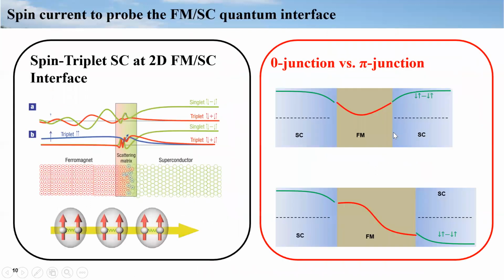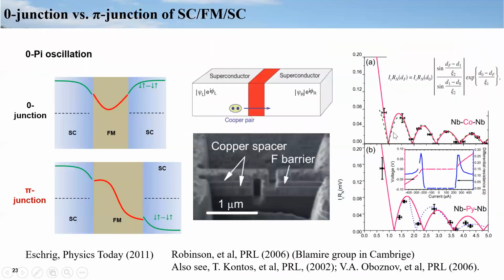Now let me move to the second part of my talk. It's related to the 0 and the pi junction. This depends on the coupling, positive coupling or negative coupling of the superconductor correlation here. In previous work, this 0-pi junction has been probed by the Josephson current here.